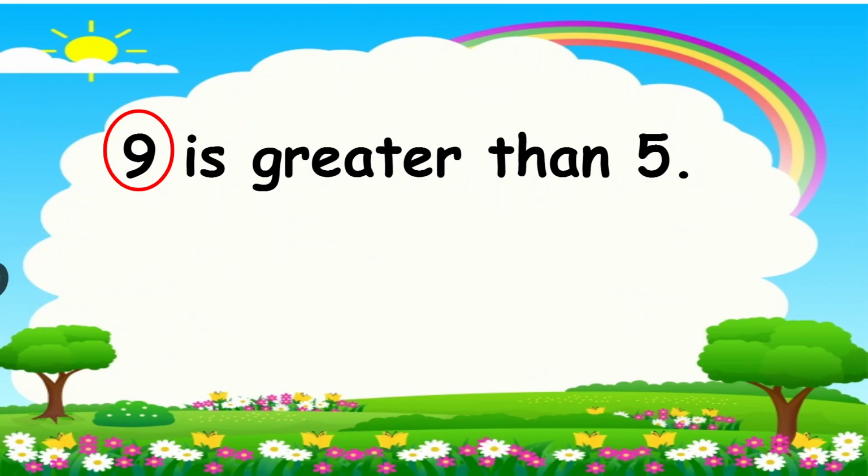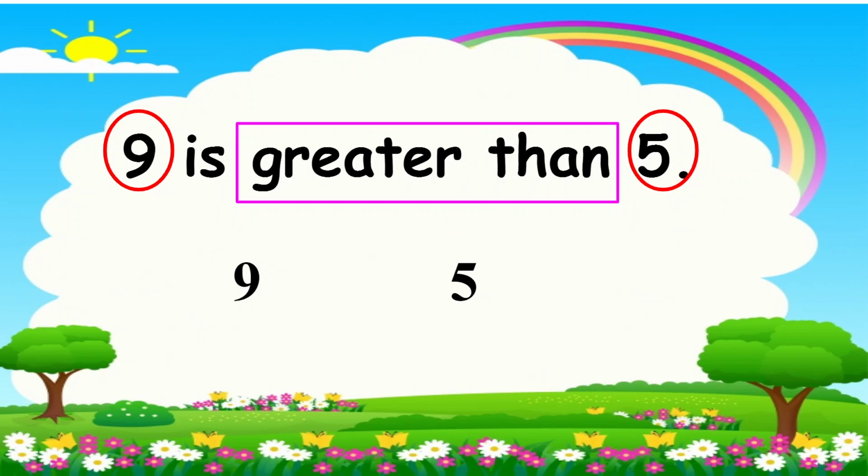First, I will write the number 9. Then I will see the second number. The second number is 5. So, I will leave some space after 9, and then I will write the number 5. Now, what is written? 9 is greater than. So, which symbol will you draw? The greater than symbol.